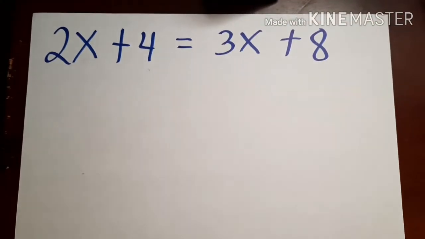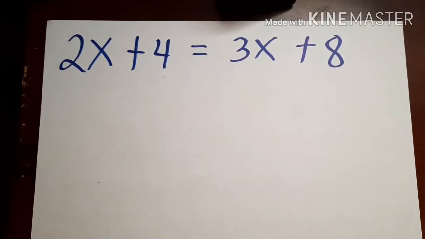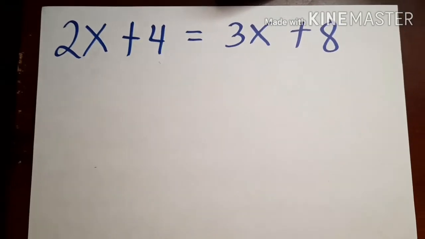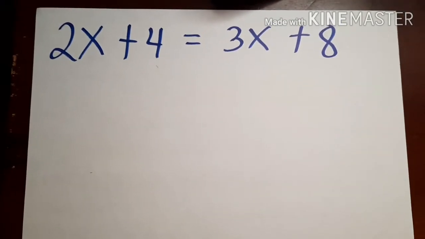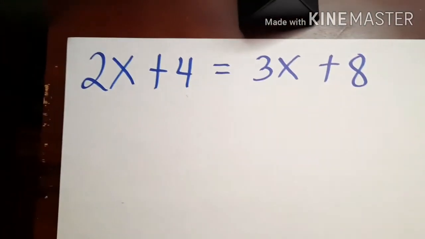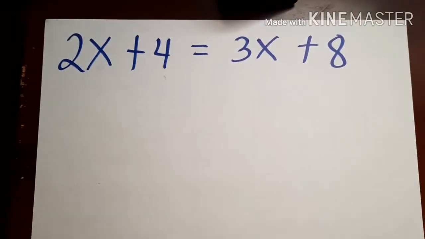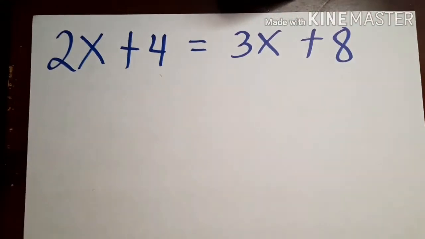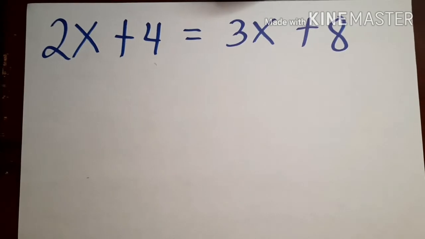So in order for me to stay away from negatives, I am going to take away the lesser coefficient. In here, 2x is lesser than 3x, right? So how am I going to get rid of 2x in here? I am going to do that through the use of inverse operations.